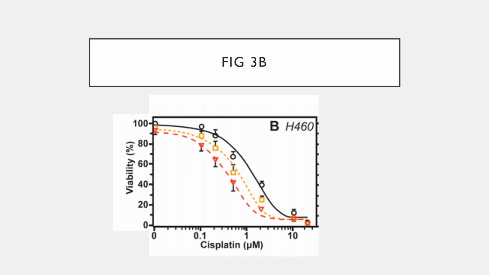And so in this figure, we can see that for the H460 cells, half of the cells were viable for cisplatin at 1.31 micrometers, and then half were viable for cisplatin and polymerized hemoglobin at 0.1 grams per deciliter, with a concentration at 0.66 micrometers. So this is what I was referring to when I said the IC50.